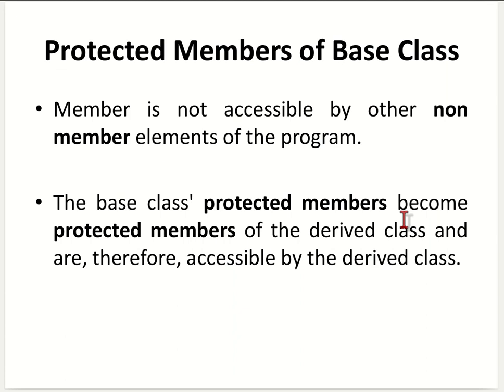Okay, the next one is the protected members of the base class. The member is not accessible by other non-member elements of the program. Protected members cannot be accessed outside the derived class.